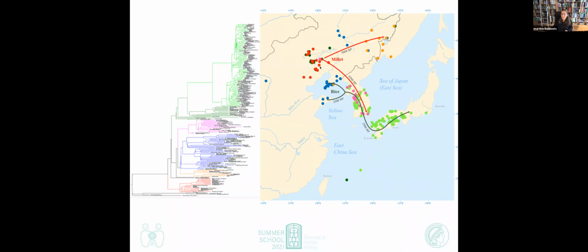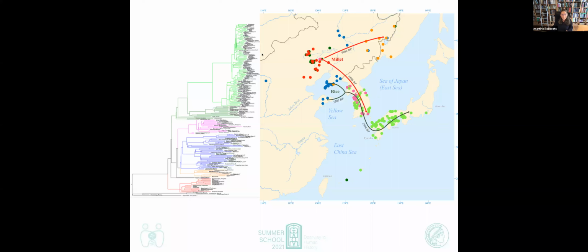So this nicely corresponds with the current knowledge that millet dispersed from the West Liao River region first to the Korean peninsula around 6,500 BP, and then later around 5,000 BP took a northern route towards the Russian Far East, the Primorye.